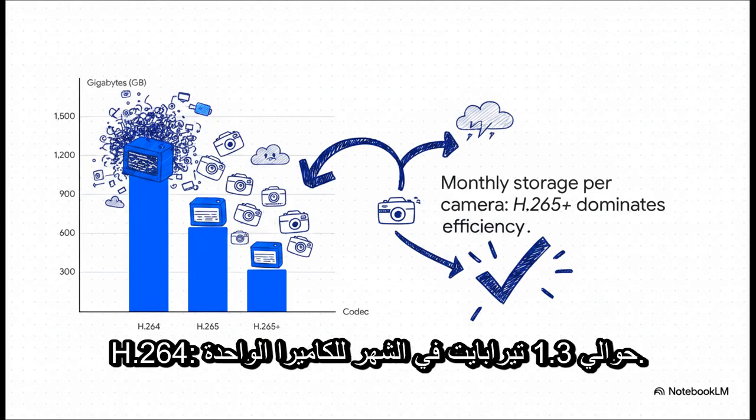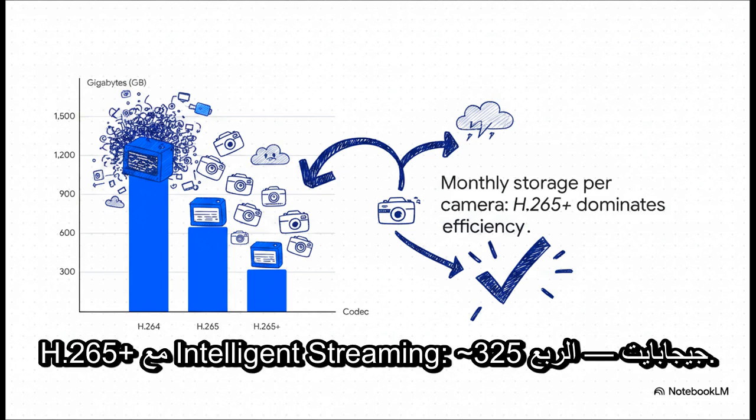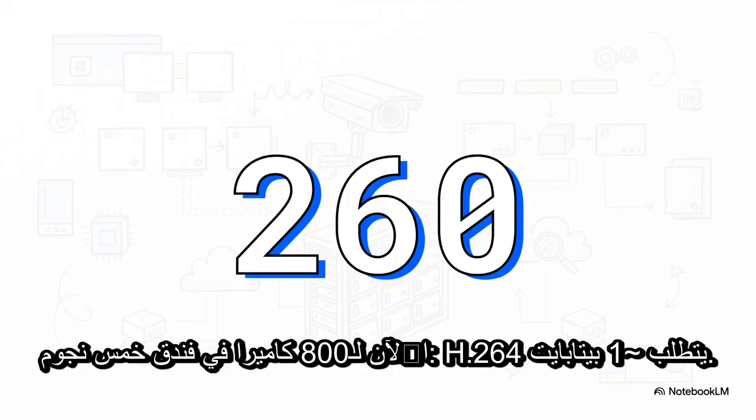For a single camera per month, H.264 demands about 1.3 terabytes. Upgrading to H.265 halves that immediately to 650 gigabytes. And deploying H.265 Plus with intelligent streaming, that slashes the requirement all the way down to roughly 325 gigabytes. Now, let's scale those exact assumptions up to an 800-camera, 5-star hotel project.